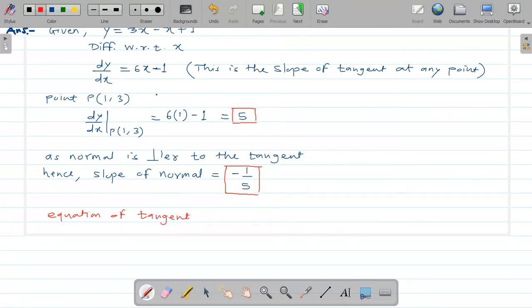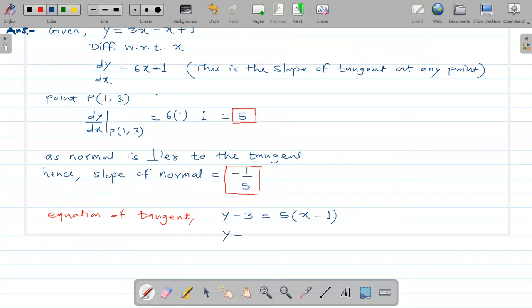Okay, now by using slope point form we will get the equation of tangent. So here it is y minus y1. y1 means y coordinate of point P. Here it is 3 is equal to m. m means slope into x minus x1. x1 means x coordinate of point P.